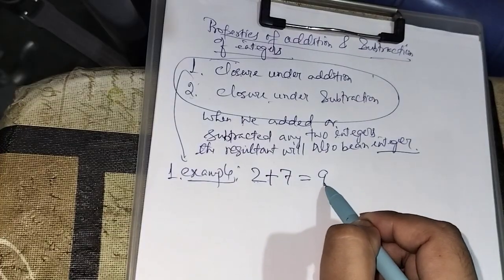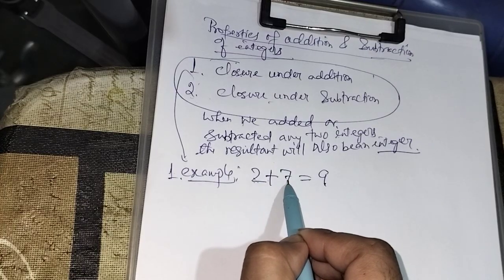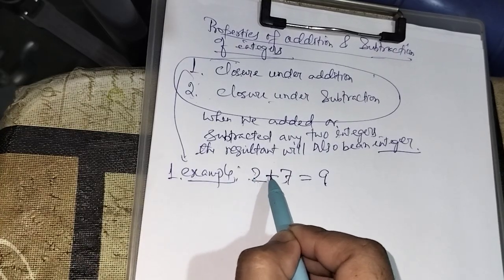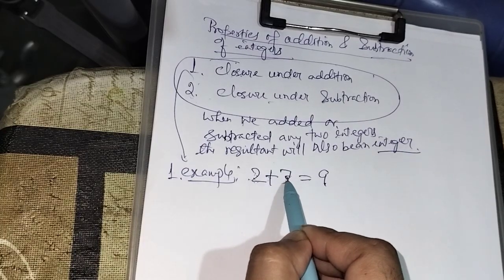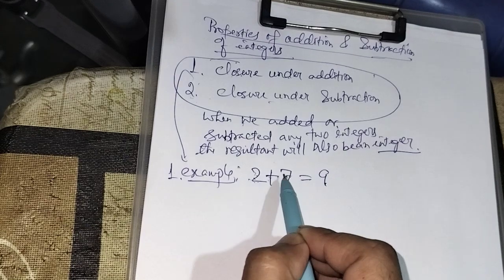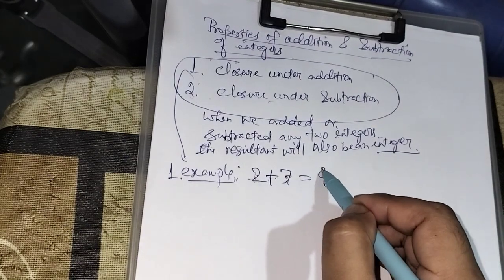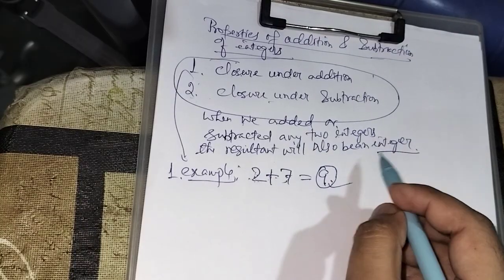So this 9 is also an integer, isn't it? 2 is an integer, 7 is also an integer. So when I add two integers, I also get an integer, right? This 9 is also an integer.